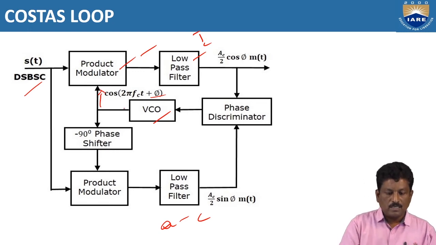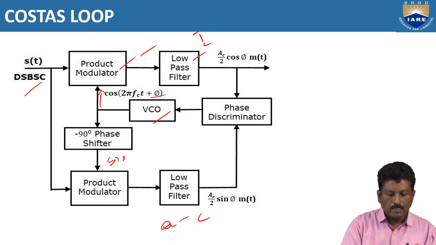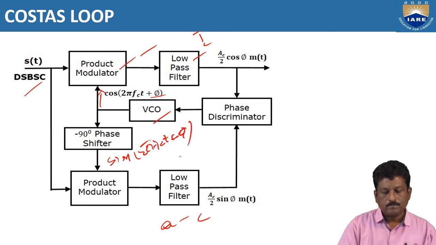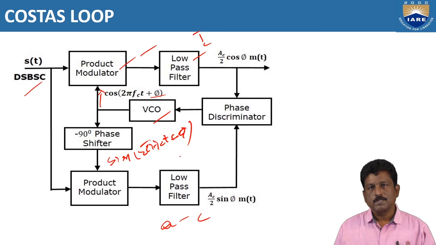The same signal passes through the minus 90 degree phase shifter, so we get sin(2 pi fc t plus phi). There is a difference of the minus 90 degree phase shifter. That is the only difference in the Costas loop, which is arranged by the two coherent detectors.